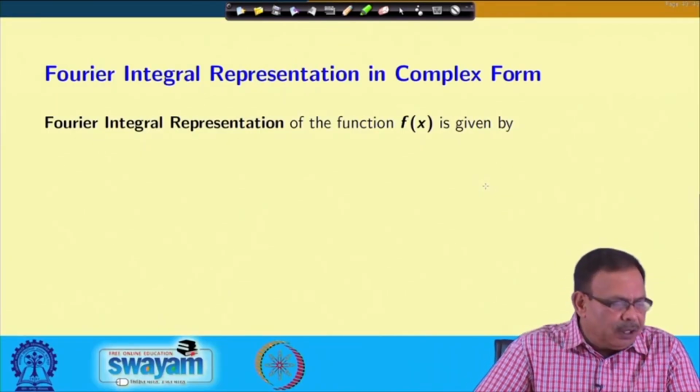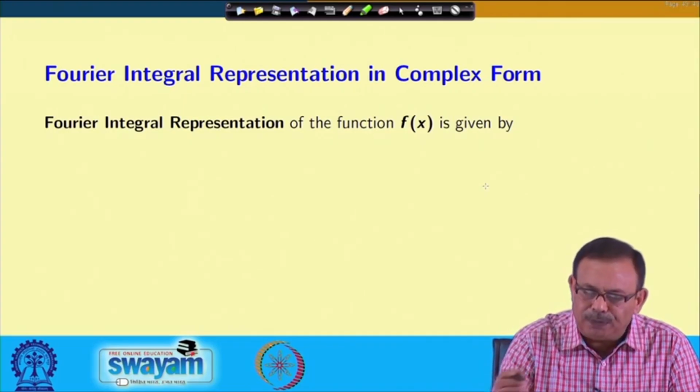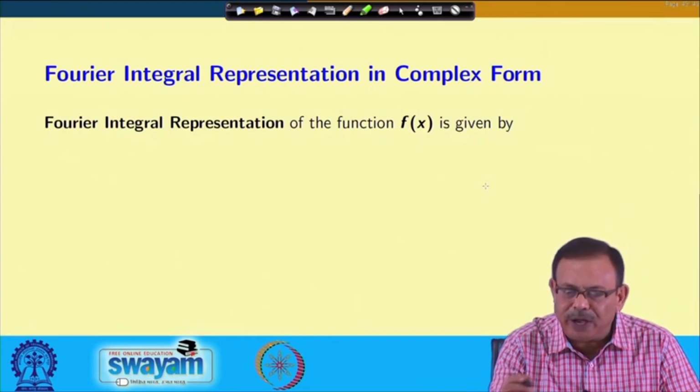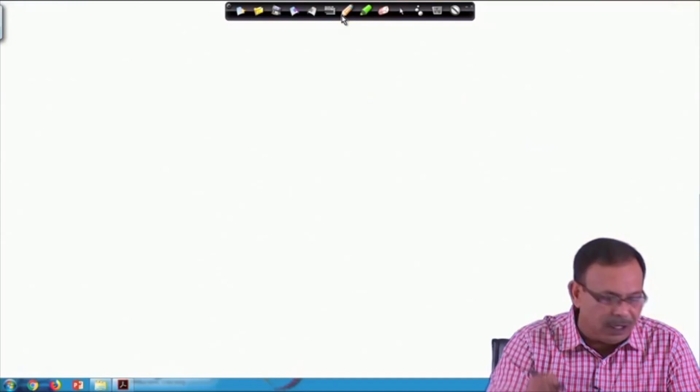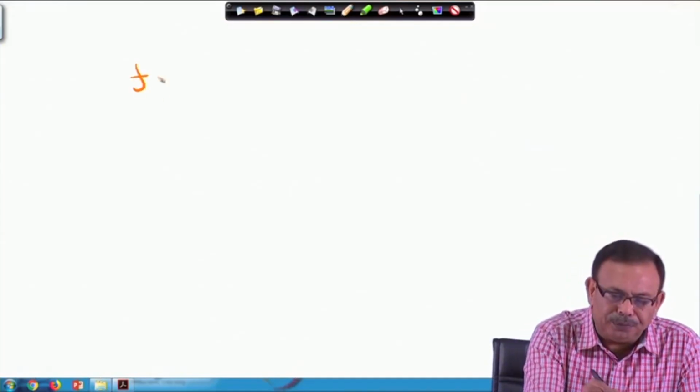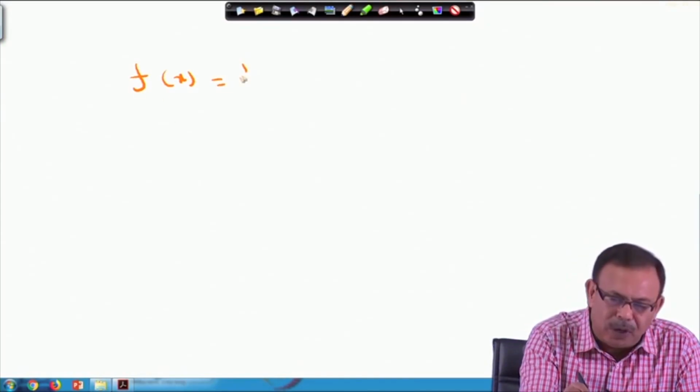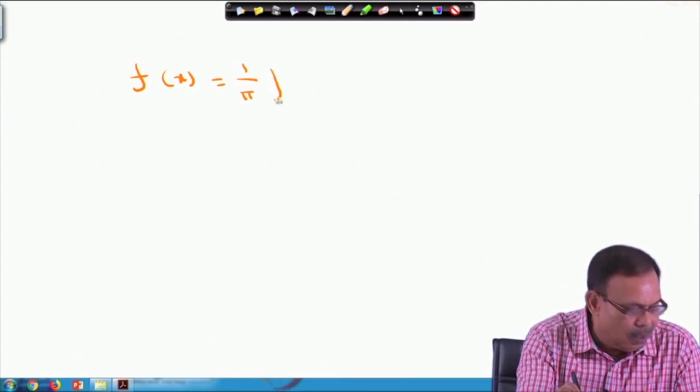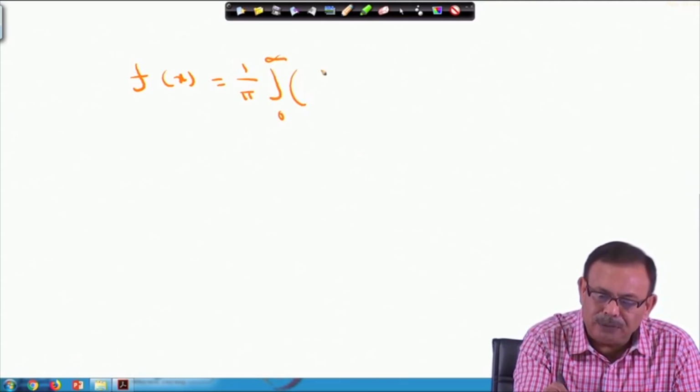The Fourier integral representation of the function f(x) you can write like this: f(x) is 1 by pi, integral 0 to infinity.